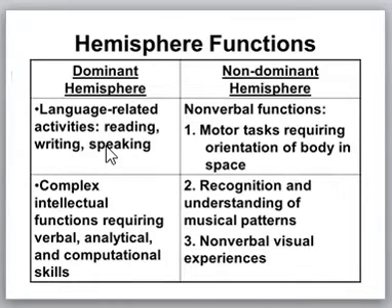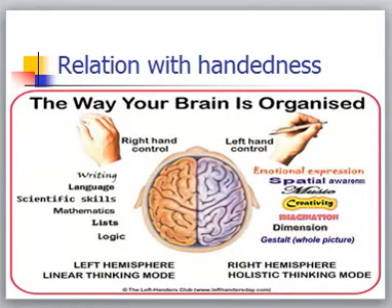Now we are going to see a much more interesting part: the relation with handedness. The specialization of the hemispheres is linked to handedness. For example, about 90% of the human population is right-handed, which means they write with the right hand.